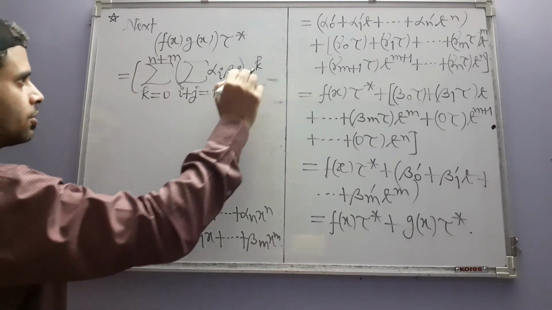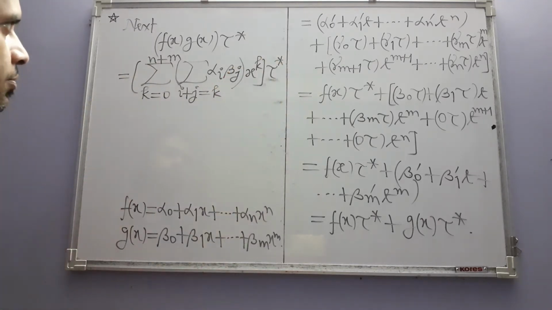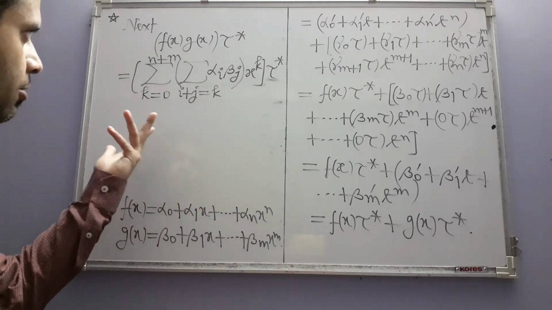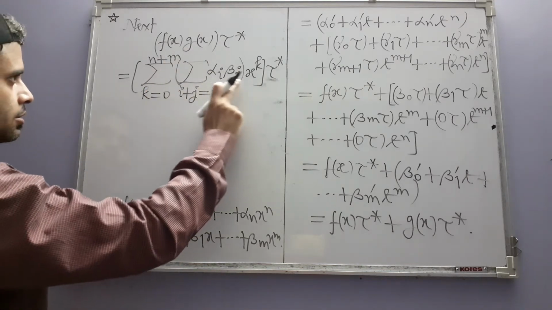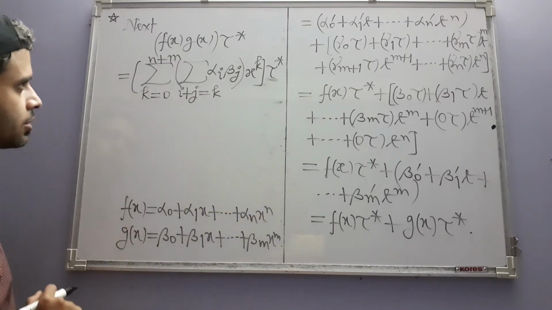On this product we are going to apply tau star. Now this clearly is itself a polynomial in the standard form. These are the coefficients and these are the monomials x to the power k, and this itself is that sum expression.